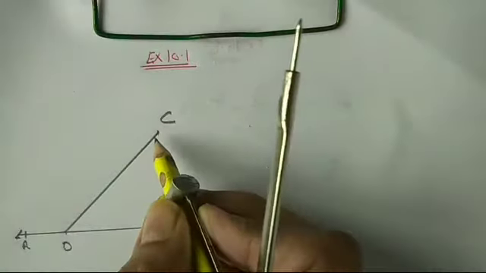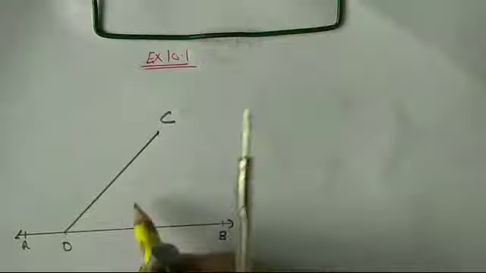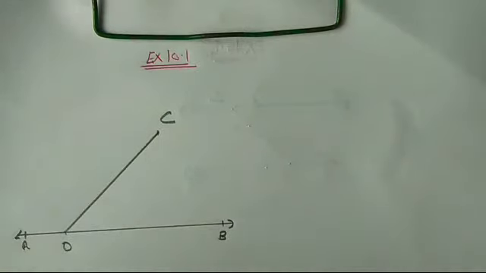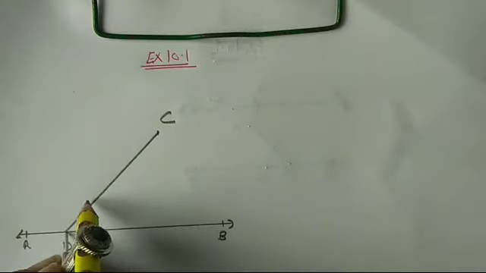Now we have to draw a line which is parallel to AB and passing through C. For this we need to cut an arc of any radius, taking D as a center.